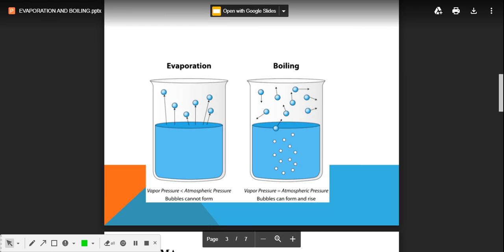But when we consider boiling, as you can see, the vapor pressure is equal to the atmospheric pressure, due to which bubbles can form, as you can see these white bubbles, right? And the whole of the liquid gets boiled up, the temperature is rising, and the boiling takes place. So boiling is a bulk phenomenon, whereas evaporation is a surface phenomenon.